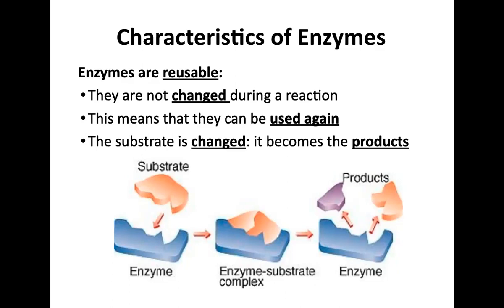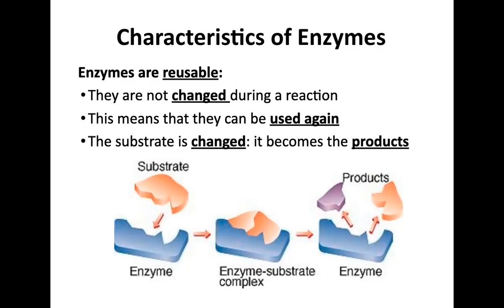So think of it this way, back to my baking a cake. Where do you put the ingredients to mix them together? In a bowl. Does the bowl ever change? No. Do the ingredients change? Yes. What do they become? The cake. You said product, you said cake.